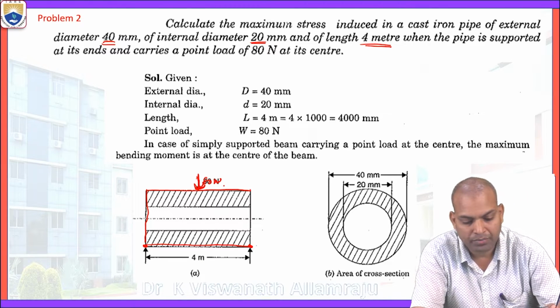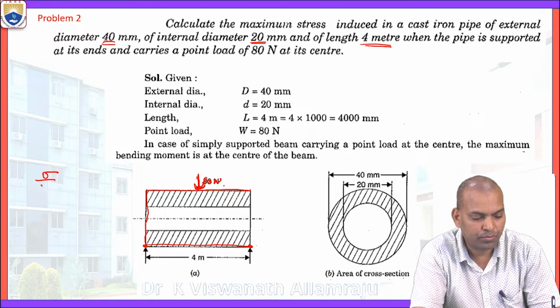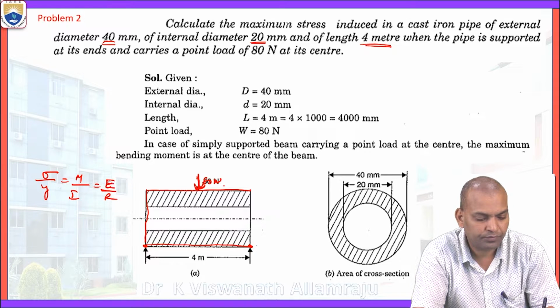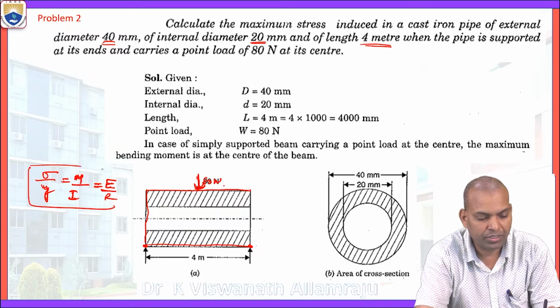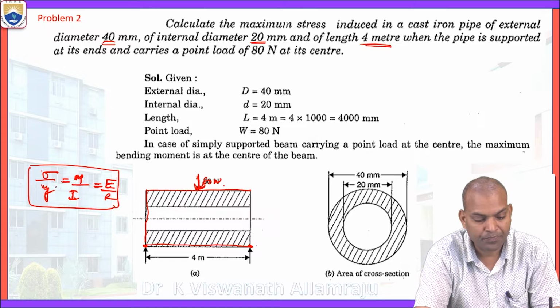Now the maximum stress comes again from the relation, that is the pure bending equation, sigma by y equal to M by I equal to E by R. By using this relation, we can find out the unknown. What is that unknown? Here, sigma maximum.